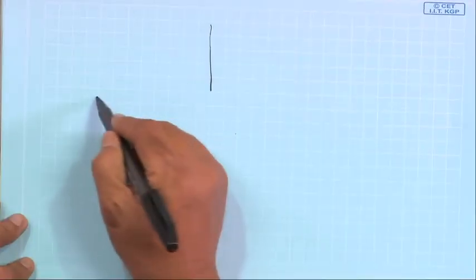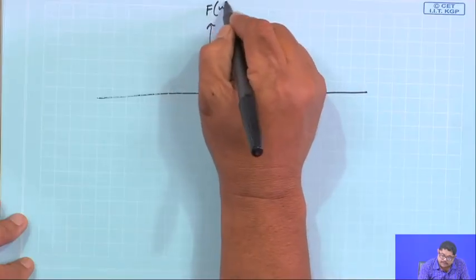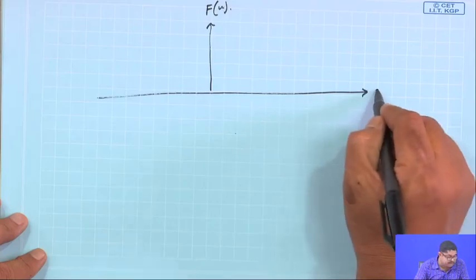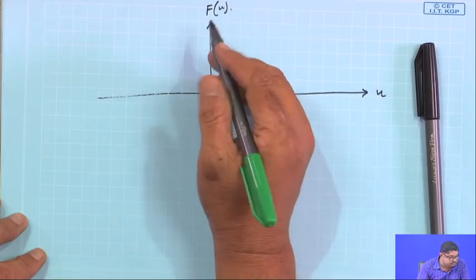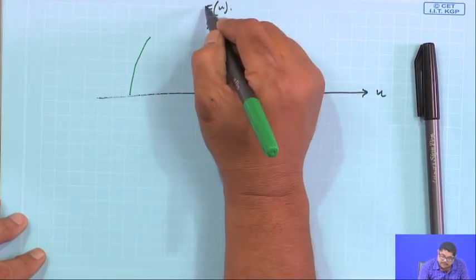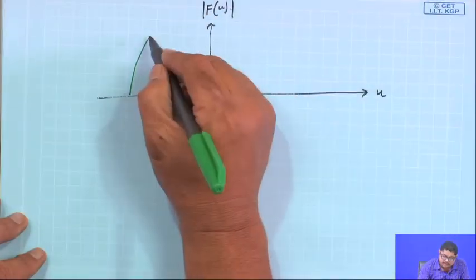So, in this lecture, suppose I have an f(u) something like this, this is my u, and I am taking the mod, so there is no negative term.